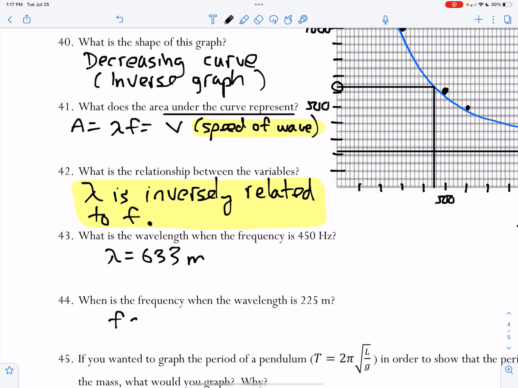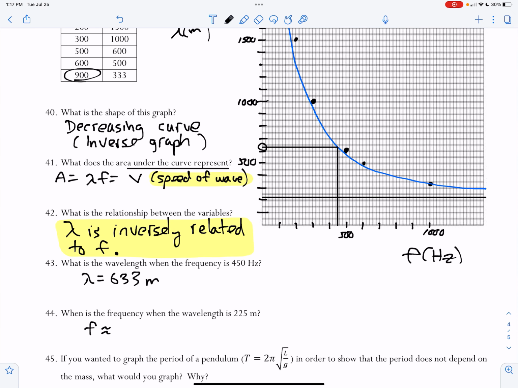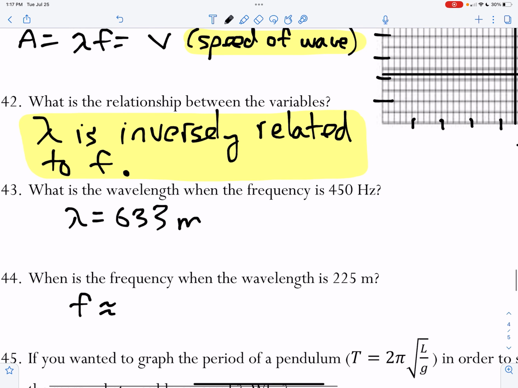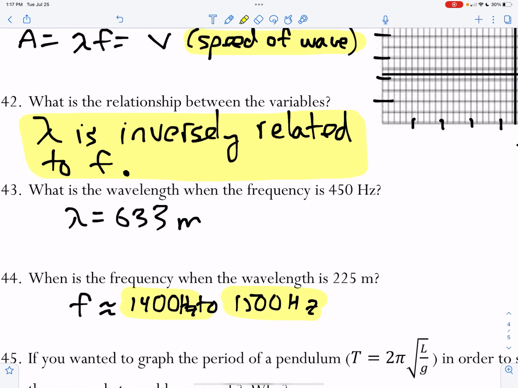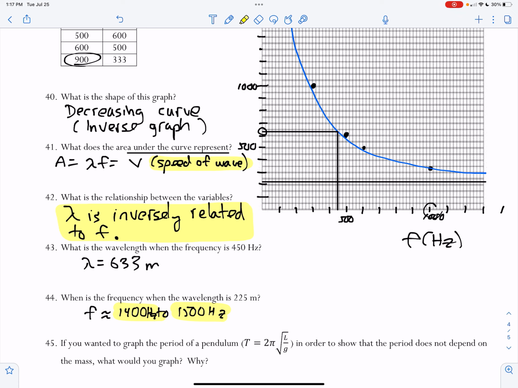So roughly, you can see right now at 1,000, to get down there, here would be 1,100, 1,200, 1,300. Maybe 1,400 or 1,500, right? Somewhere around there. 1,400 to 1,500 hertz would be roughly about what that is. It's kind of hard to tell exactly because we didn't extend the graph far enough.